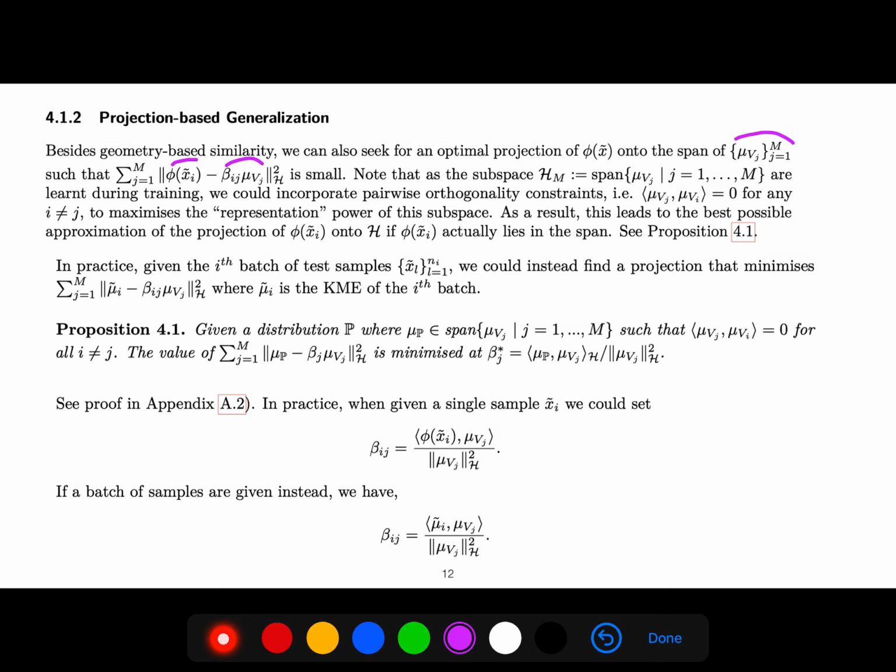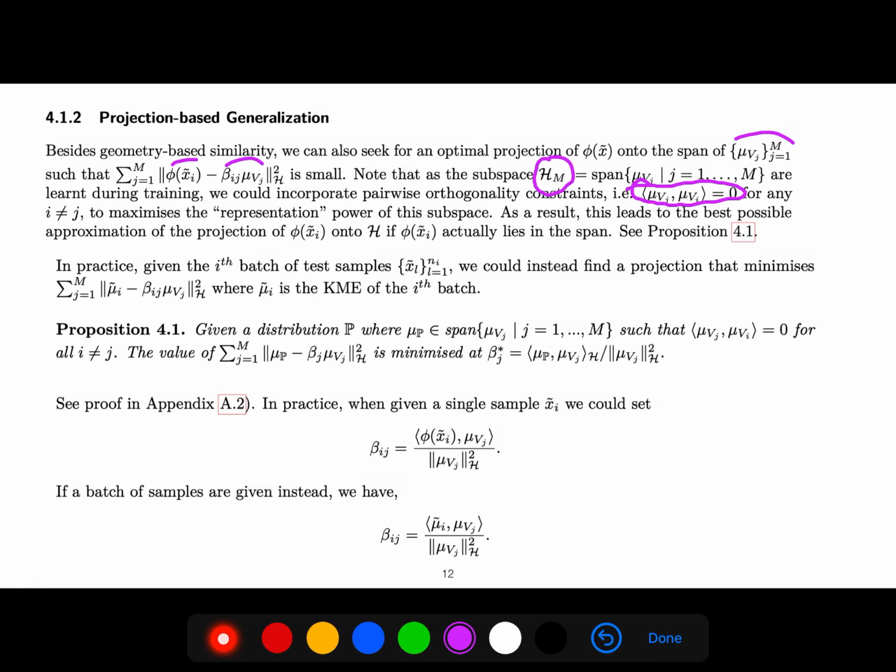Note that as a subspace H sub m, which is a span of all mu, are learned during training, we could incorporate pairwise orthogonality constraints that they are orthogonal. This is our constraint, in order to maximize the representation power of this subspace.